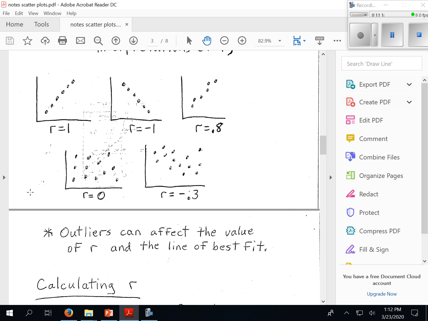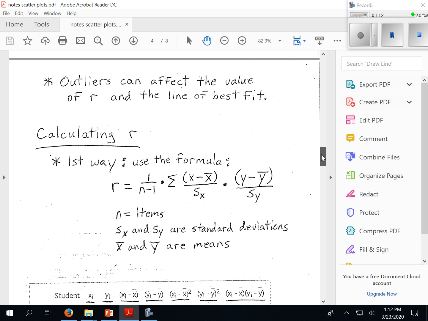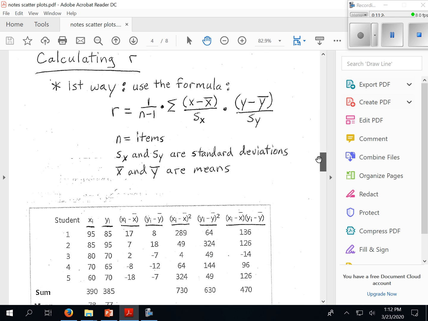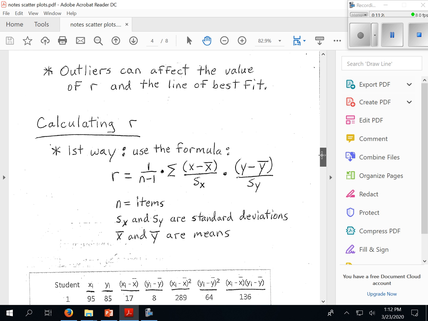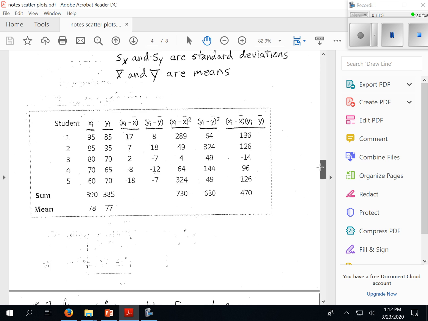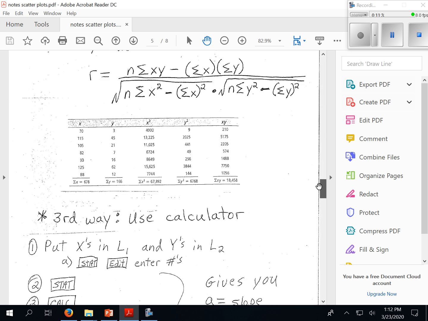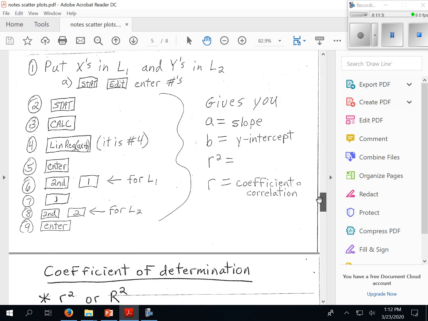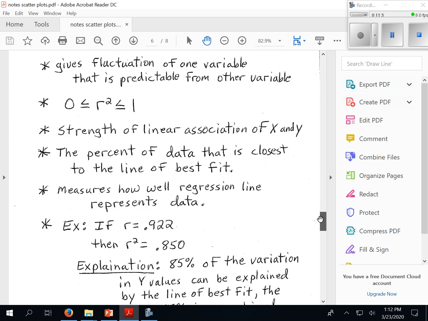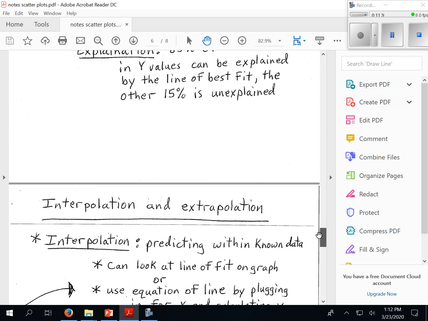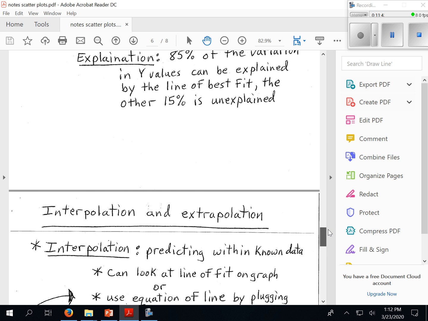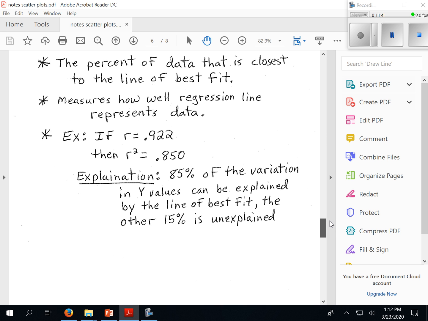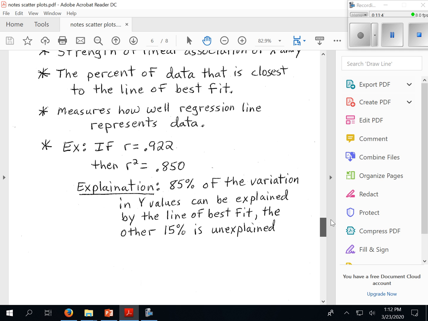And that doesn't happen real often. And again, we're not going to learn today how to calculate R, but it is on those notes, and we'll use these notes again. And we can use our calculator to do some of this. We're going to come back and talk about some of this here in a few minutes. I'm going to go back to the other.